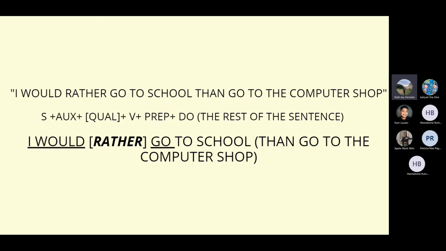If you can see, the subject, auxiliary, and verb are underlined, which shows that these words make the structure complete. The direct object is the word school. Let's try to remove the optional part. If we remove the optional part, which is than going to the computer shop, the sentence becomes: I would rather go to school.